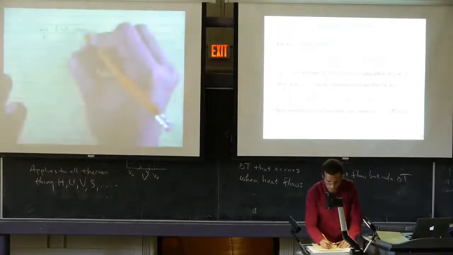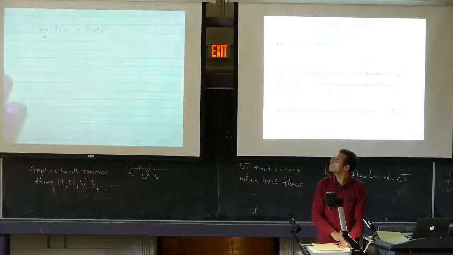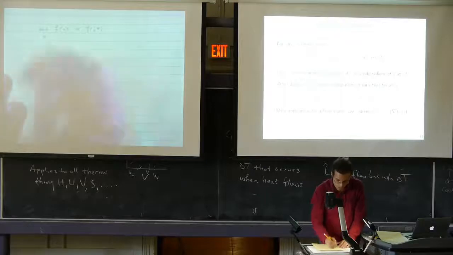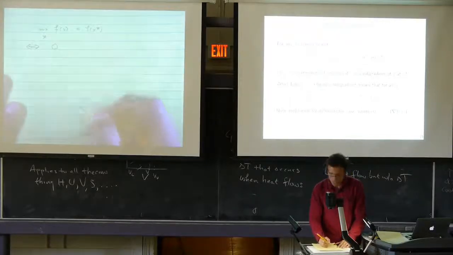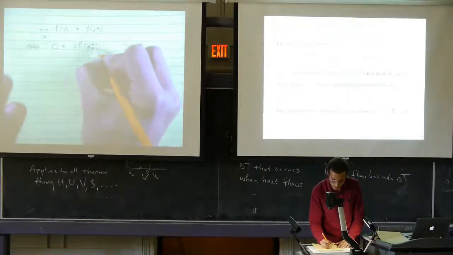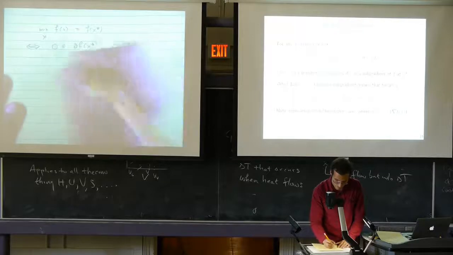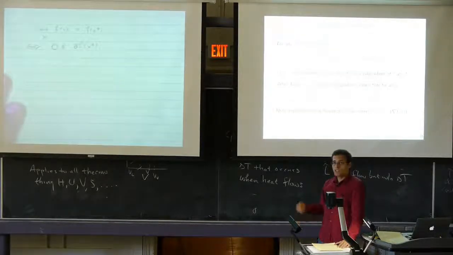Then a point x star minimizes f, this is true, if and only if 0 is a subgradient of f evaluated at x star. So if I can check that 0 is a subgradient of f at a certain point, that point is the minimizer of that function. That's true for any function, convex or not.